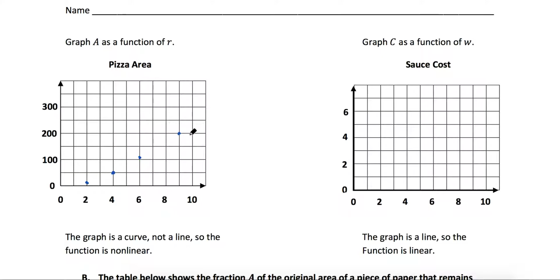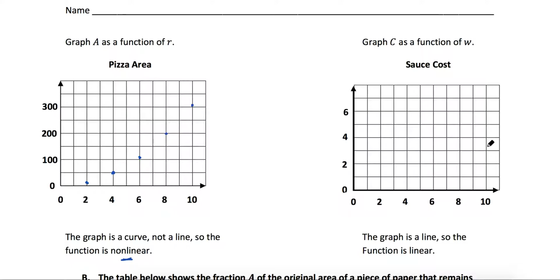Whoops, look, I made a mistake, off one. At 8, we are at 200. And at 10, we are at 314, so right about there. So if we look at this data, it is not forming a straight line. We couldn't lay our ruler on it. It's kind of curving upwards in shape, so that's going to be nonlinear.